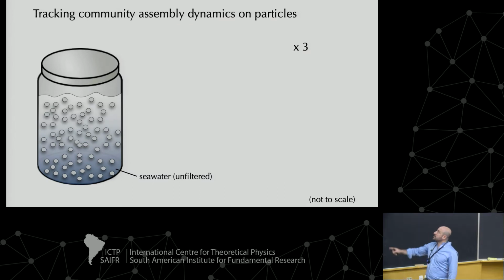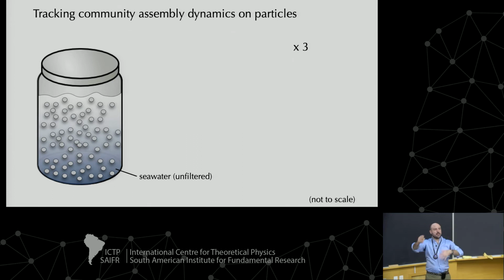And so in this initial experiment, like I said, you put these particles in a bottle of seawater. They are rotating just to keep them agitated because the particles are heavy, otherwise they would sink. So we keep them rotating there. And then we can sample them because they're magnetic. We sample about 1,000 particles per time point.